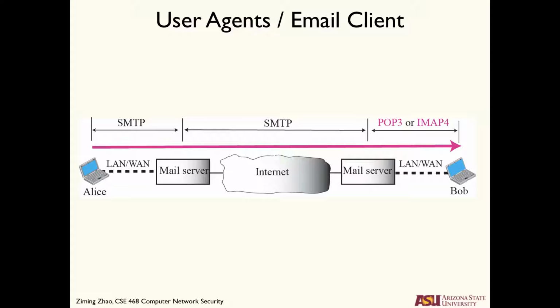There might be multiple hops. The mail servers can relay emails for other mail servers. Whenever they send those emails, they are using SMTP protocol. And when Bob's client tries to receive that email, download that email from the mail server, the application will use POP3 or IMAP4 protocol.